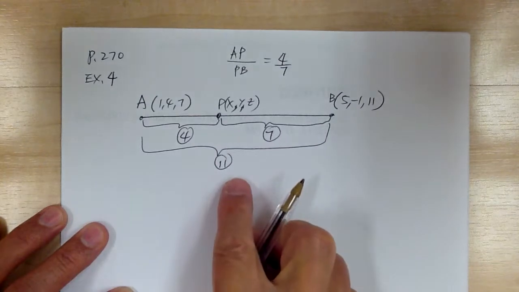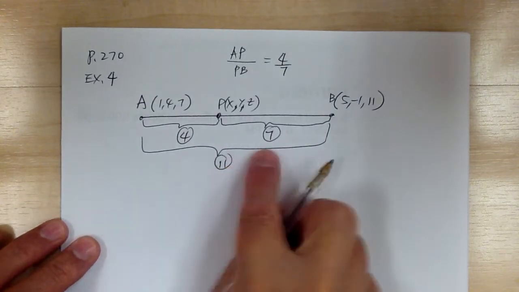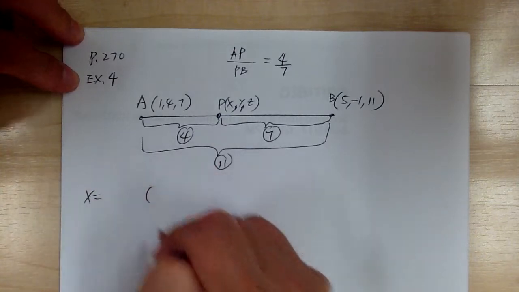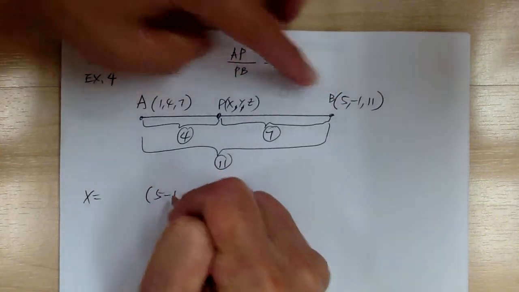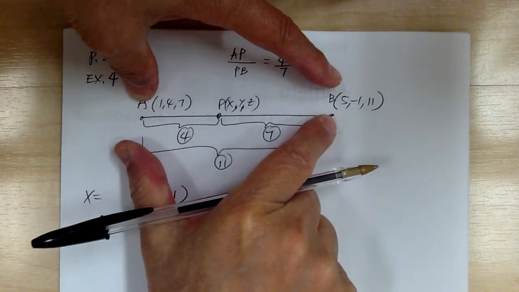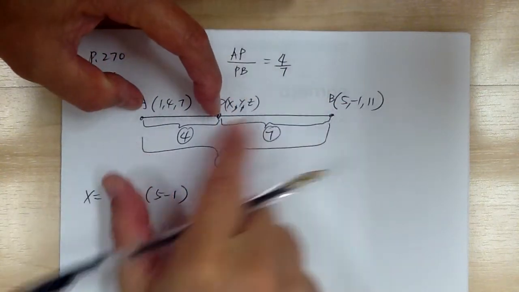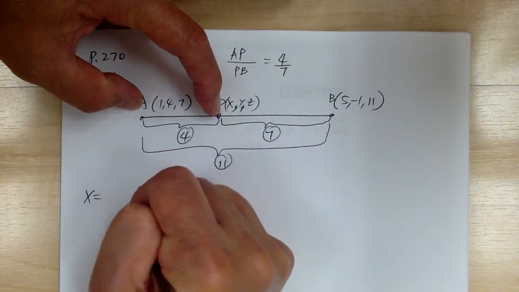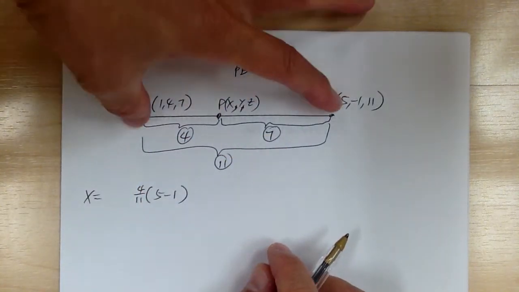So you've got to watch for this, right? You've got to figure out the total length. So you can solve for x. It's going to be 5 minus 1, right? So 5 minus 1 gives you the whole length. Then you have to multiply by this fraction. Now it's not 4/7, it's 4/11. It's 4 out of 11.